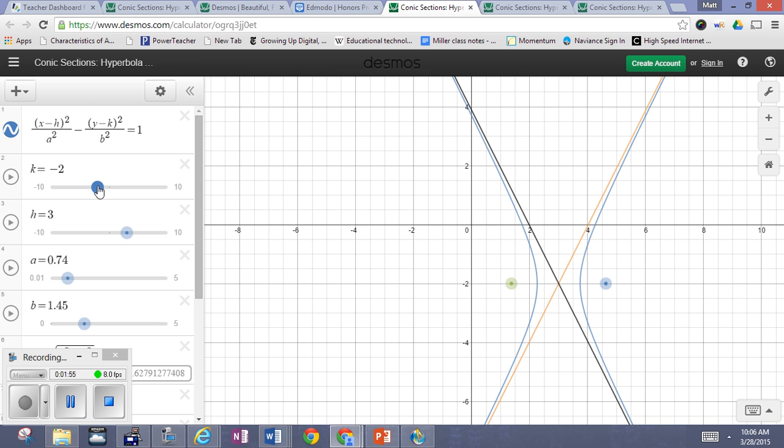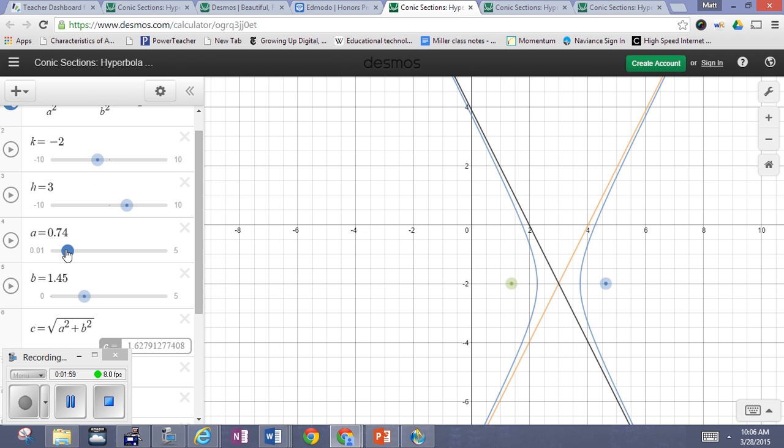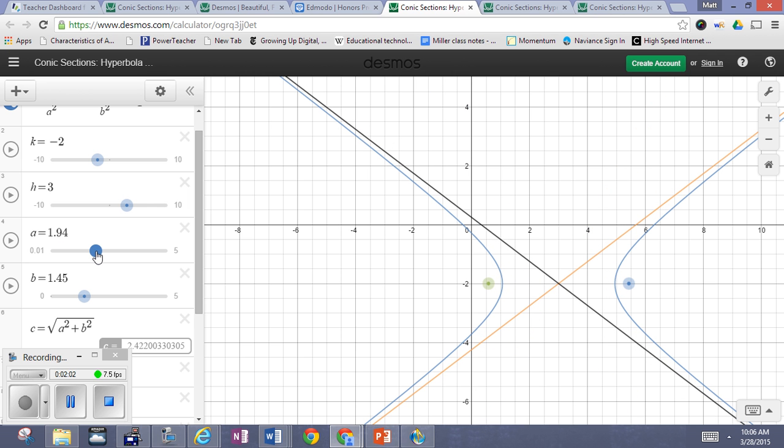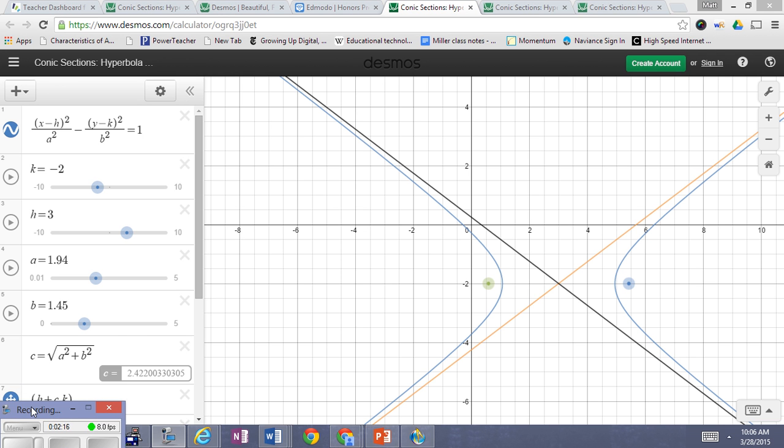Okay, so here we are, and now of course we can adjust the a and b values as we have previously, and all things remain the same. The big difference is you have to remember this has been translated. So a and b are going to remain the same. What's going to change is pretty much just the coordinates of your focus points and the asymptote lines.